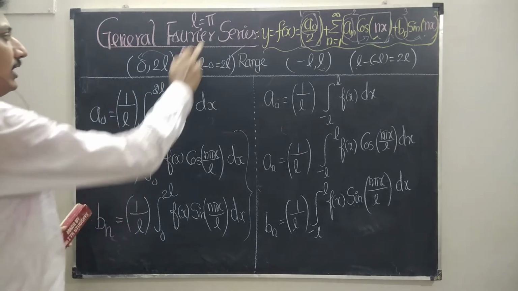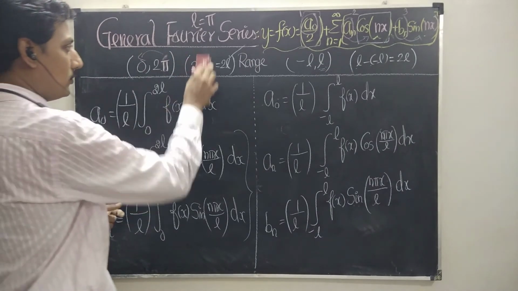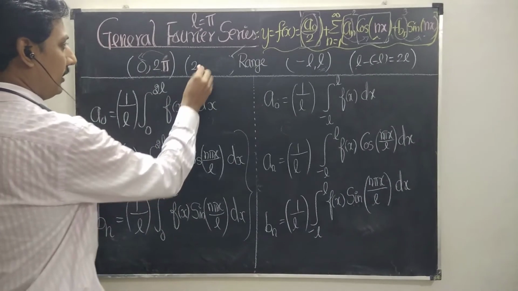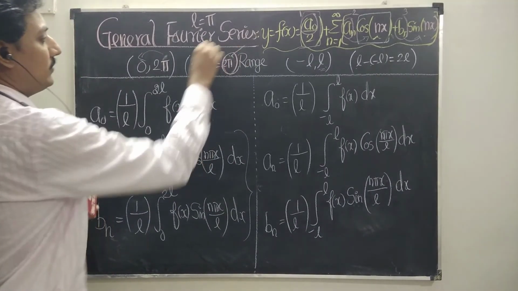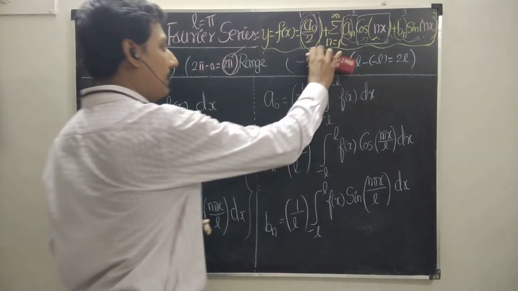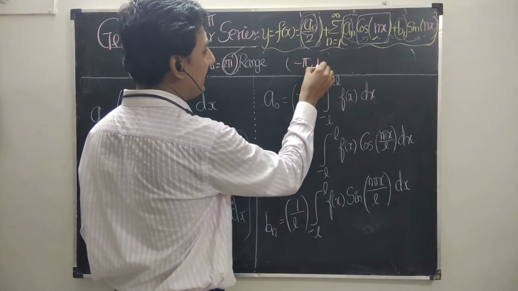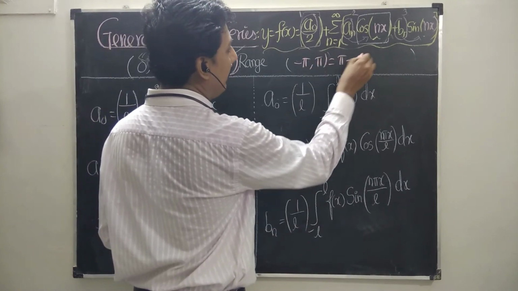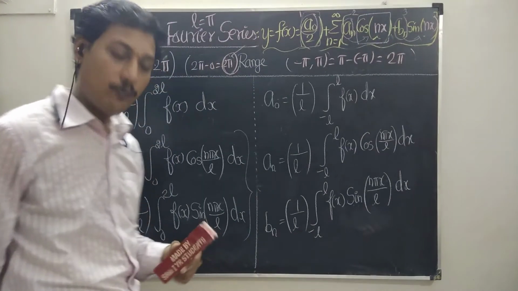Similarly, in the case of L equal to pi, the interval 0 to 2 pi has range 2 pi minus 0, which is 2 pi. In the same way, by putting L equal to pi, we get minus pi comma pi, which is pi minus of minus pi, equal to 2 pi. So the range becomes 2 pi only.